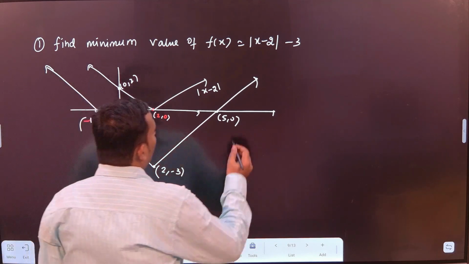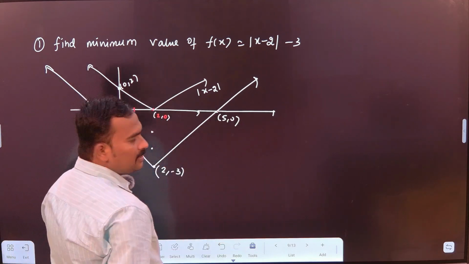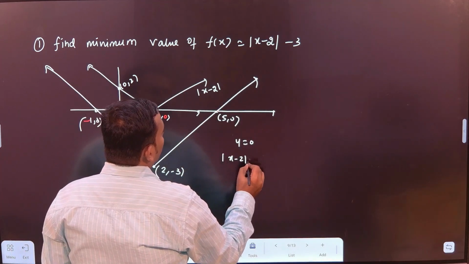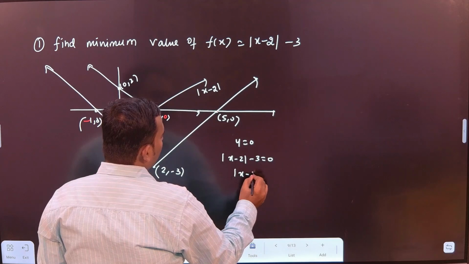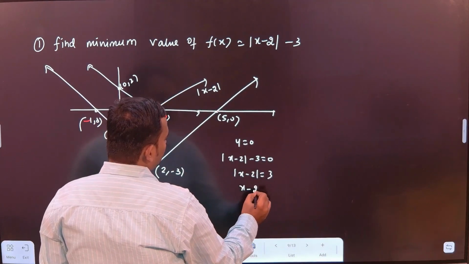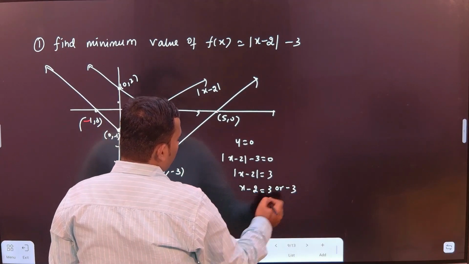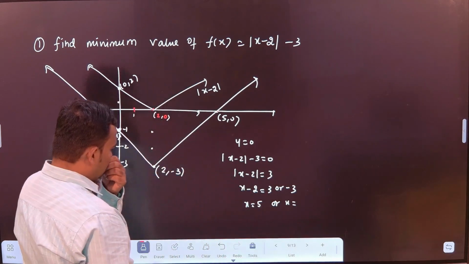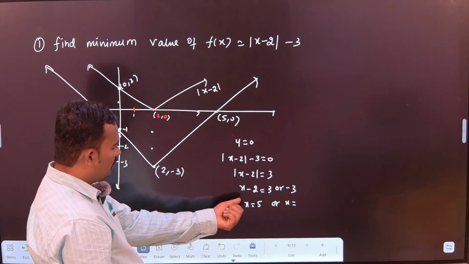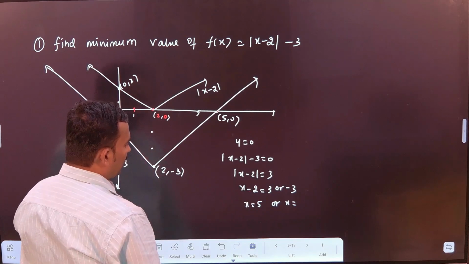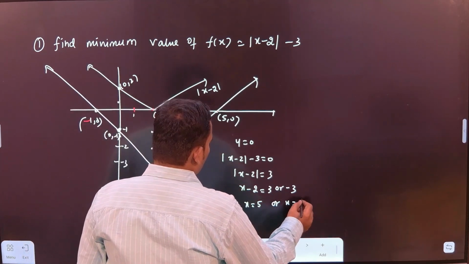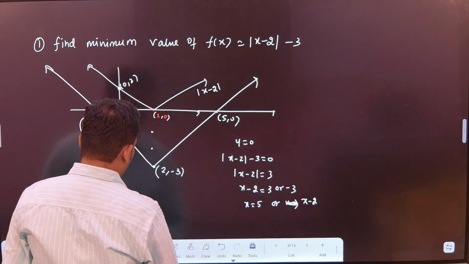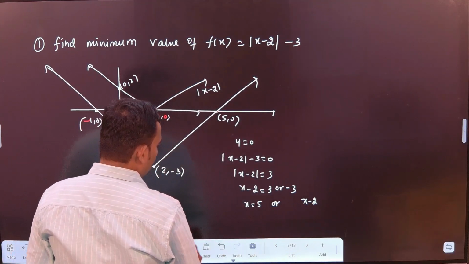So now you can see how to check the x-intercept. Put y 0, then mod x minus 2 minus 3 is equal to 0, mod x minus 2 is equal to 3, x minus 2 is equal to 3 or minus 3. So x is equal to 5. Okay, sorry, I have to remove this one.